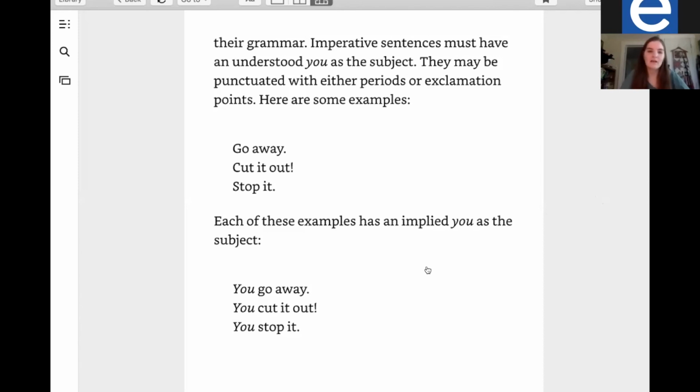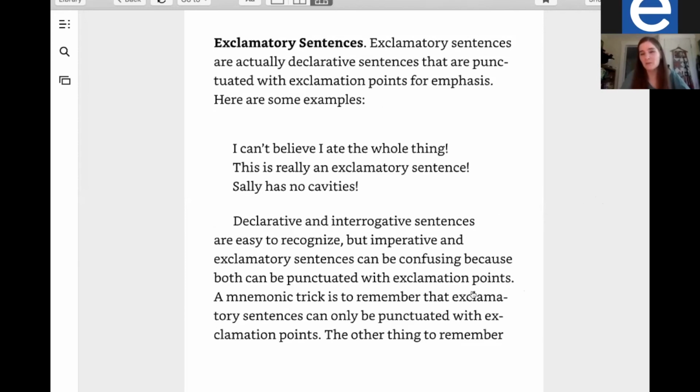You can say, "cut it out!", raising your voice, exclaiming something like you would with an exclamatory sentence. But all of these have an implied "you" as the subject: you go away, you cut it out, you stop it. That's how you can identify imperative sentences, as well as by their punctuation or intended punctuation.